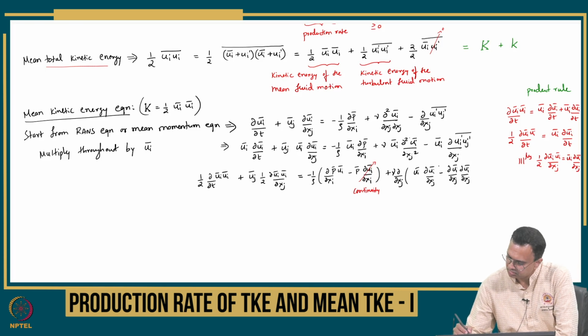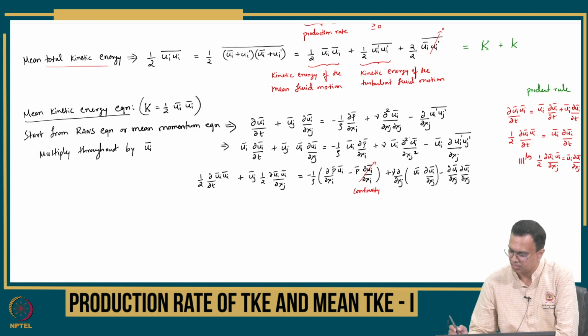Is there something missing? A bracket. The bracket holds good for this, right? Yeah, minus of this. Correct? I push the ui bar inside the first derivative. The nu should come back here. Again using the product rule, I have the last term here.